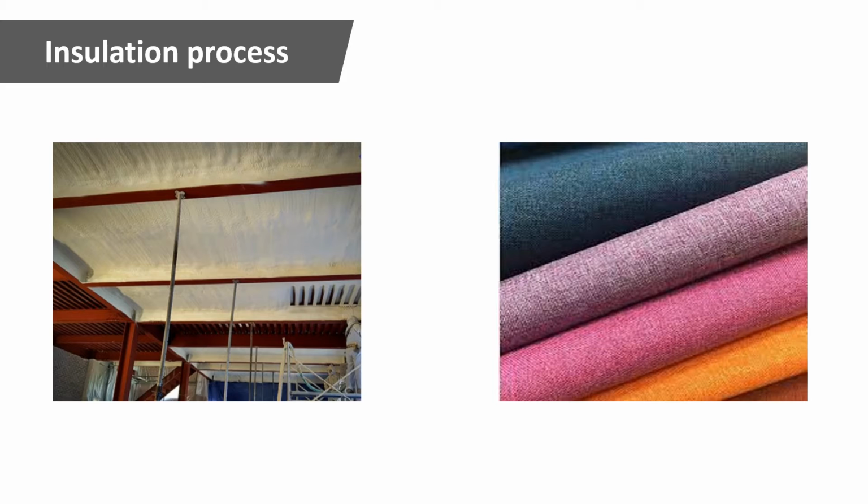Next, I will introduce the internal insulation construction. Basically, there are two main internal insulation processes used in DDP: spray coating and the glass polyester process.